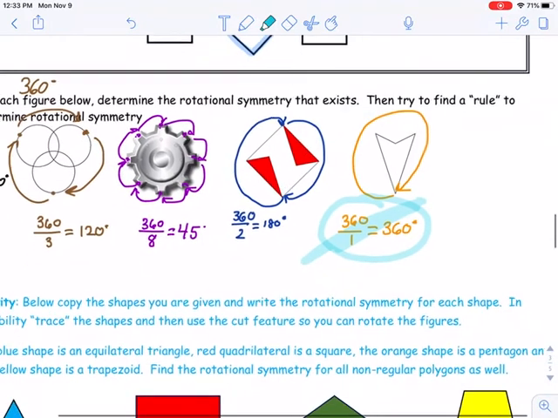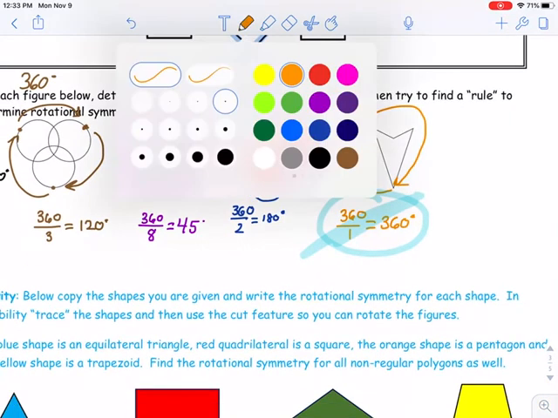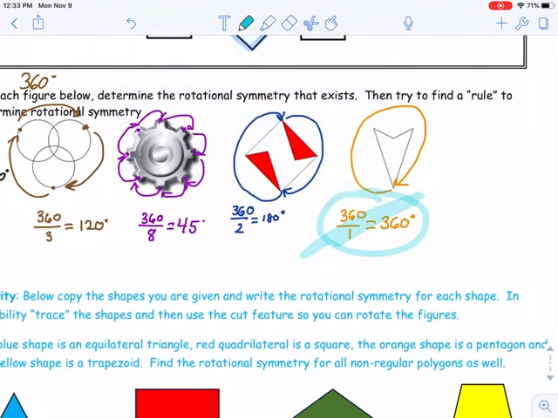Because then everything would have rotational symmetry. We want to be more special. There is no rotational symmetry for this guy right here. There ain't none.